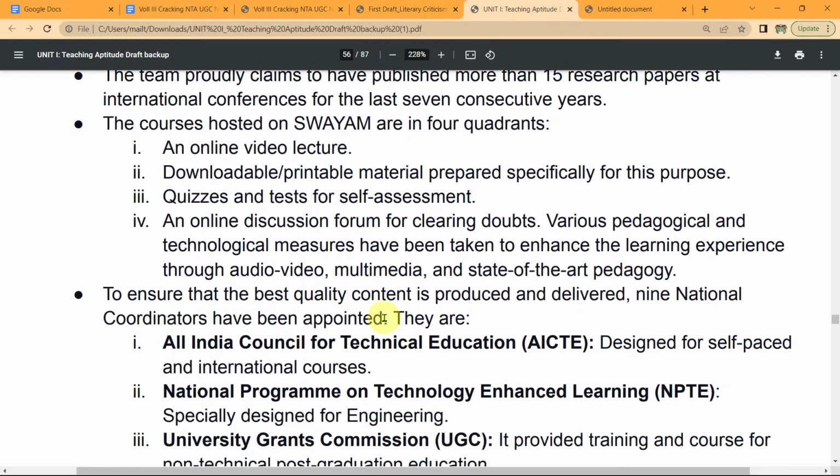To ensure that the best quality of content is produced and delivered, 9 national coordinators have been appointed.